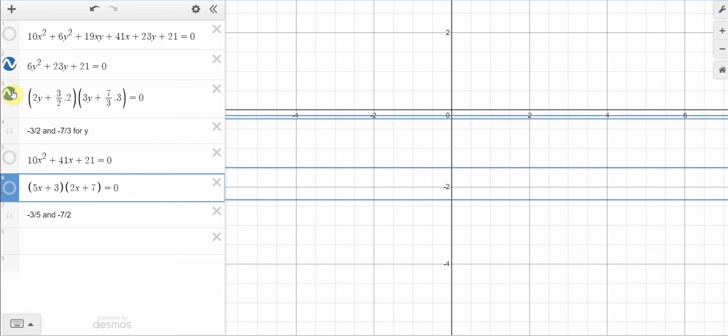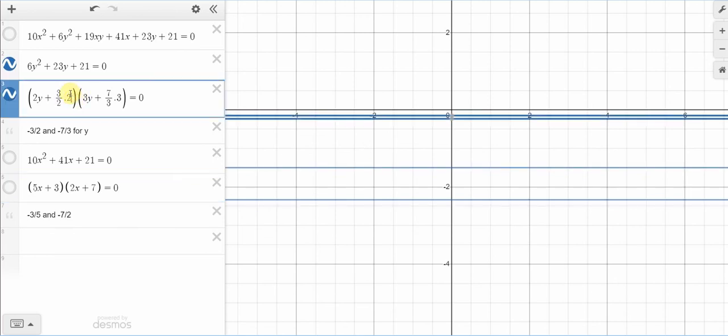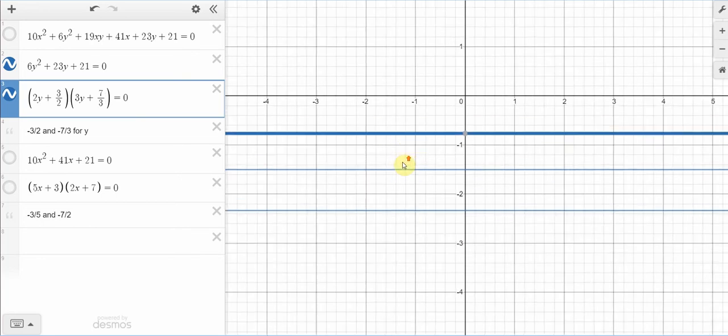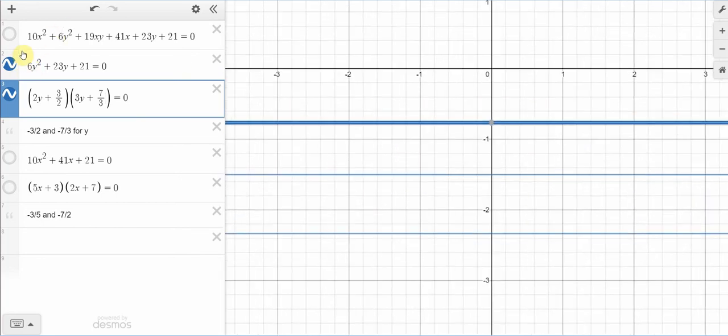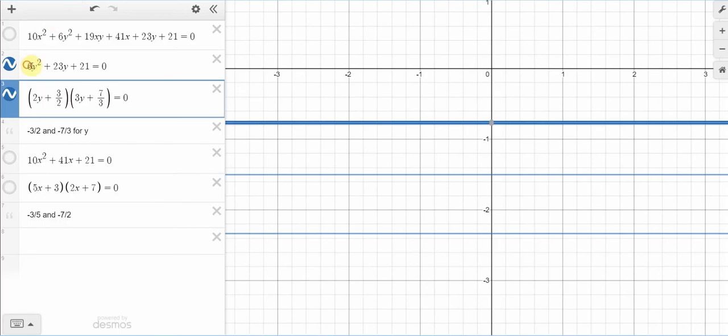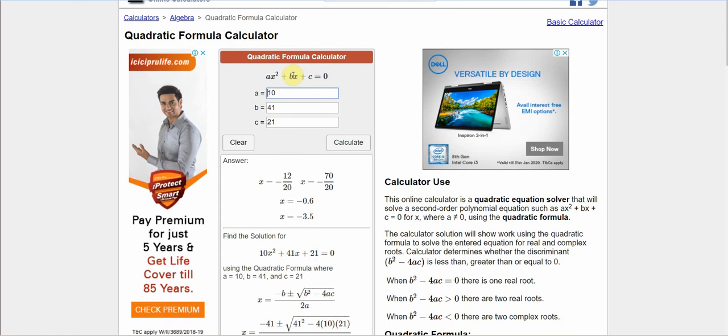Okay, it seems there is a bit of a problem. The graphs are now not the same. How so? That's weird. How can the graph change? Let's check out 6, 23, 21. Right, 6, 23, 21.